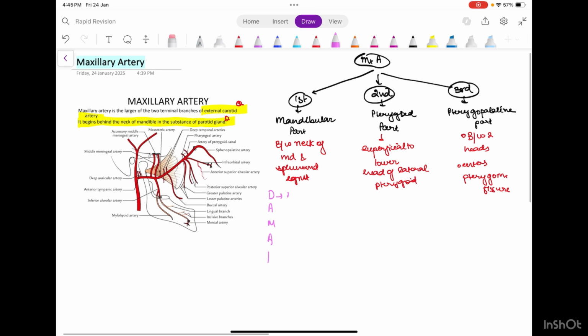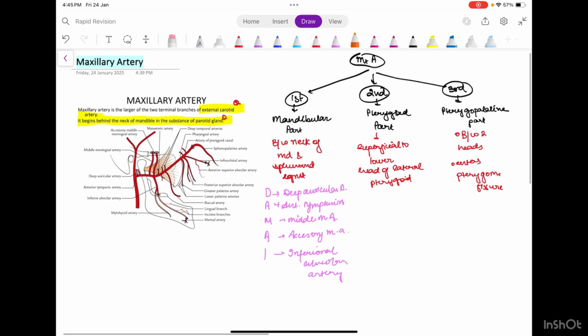So D is deep auricular artery, A is anterior tympanic artery, M is middle meningeal artery, A is accessory meningeal artery, I is inferior alveolar artery.